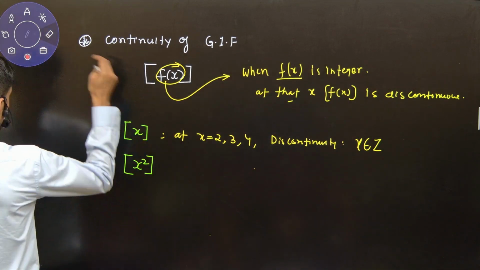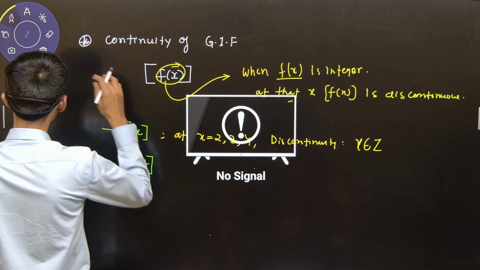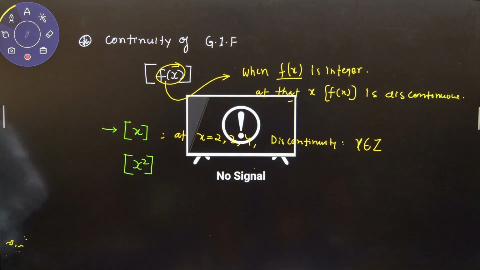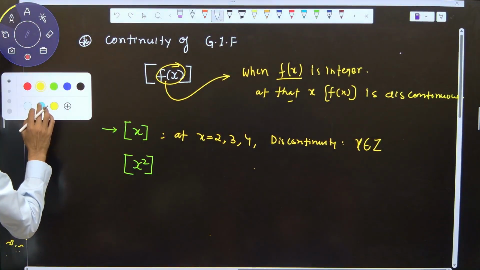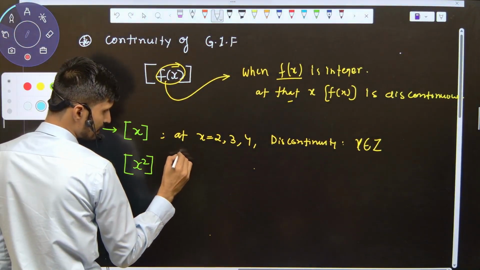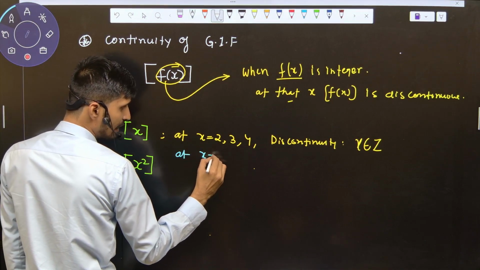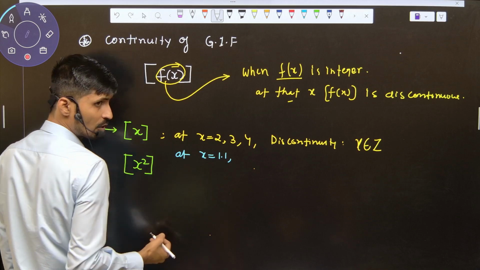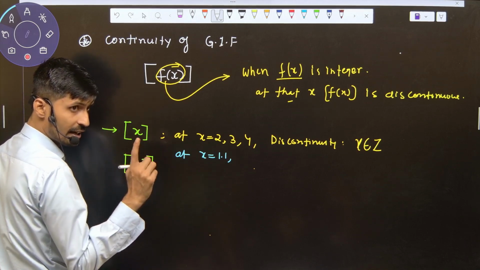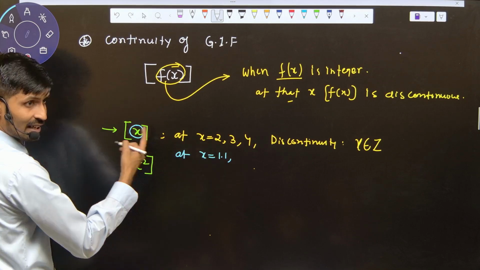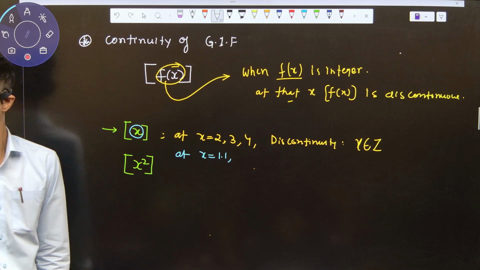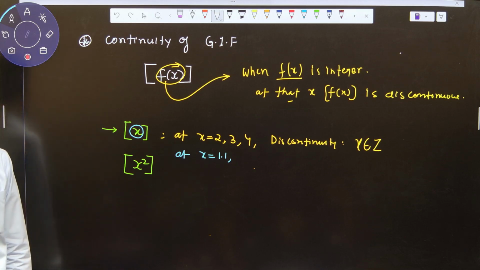Now I am going to ask you a few questions here. Tell me, at x equals 1.1, continuous or discontinuous? Continuous, because this is not an integer, this is a decimal. Continuous. You can check.